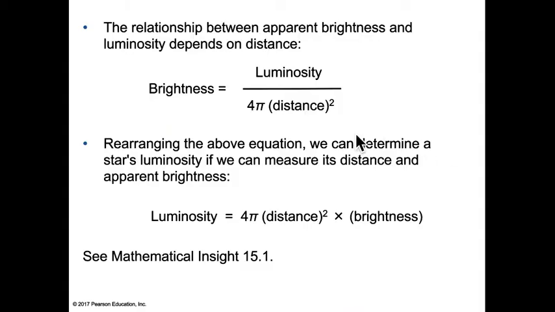Here we have the equation that relates what we've been just mentioning, namely the energy per unit time emitted by the sun being distributed over our imaginary spherical surface, 4 pi distance squared.